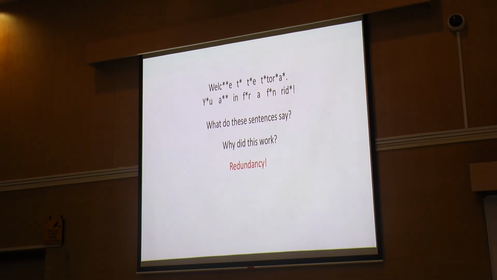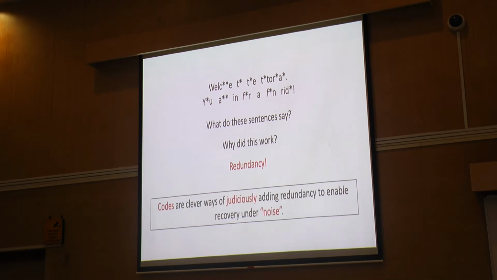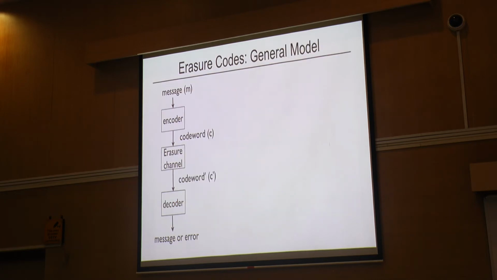Coding theory, in particular codes, are clever ways of adding such redundancy to enable, let's say, a receiver to decode what was sent by the sender, similar to how we communicate. So as a general model, we will consider what are called erasure codes.